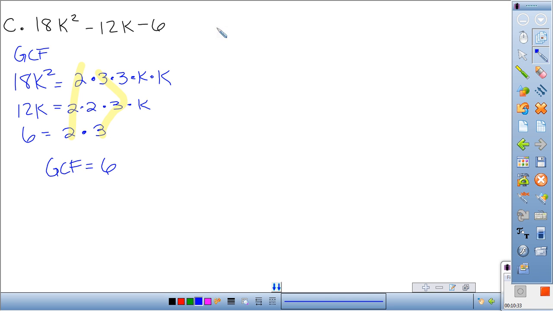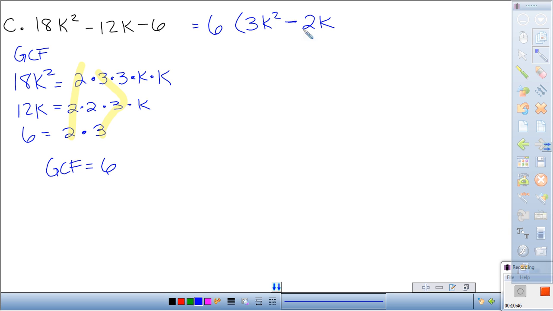So we're going to be pulling out a 6 first, times, and then what's left? 3k squared. 6 times 3k squared, 18k squared, minus, because that minus there, 2k. 6 times 2k is 12k, and then finally minus 6 times, oh, there's nothing left there, so 6 times 1. 6 times negative 1 gives us negative 6.